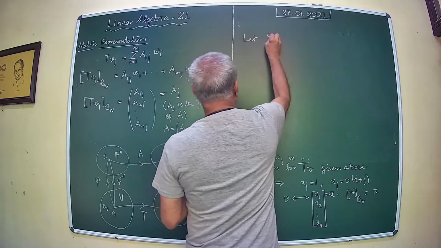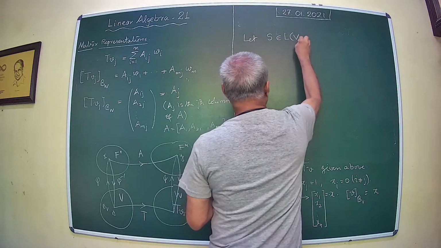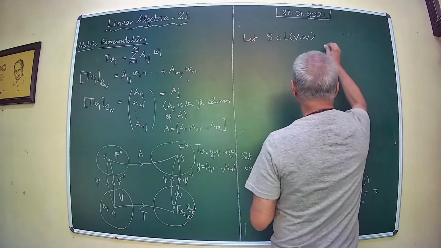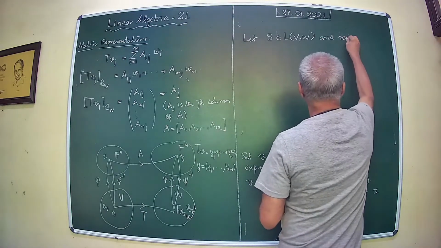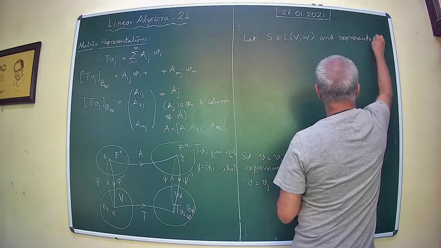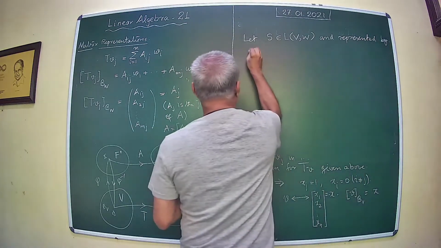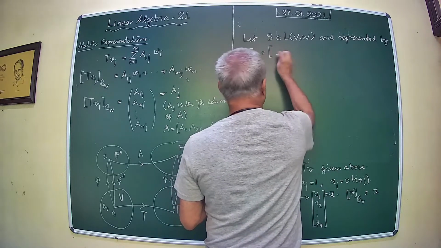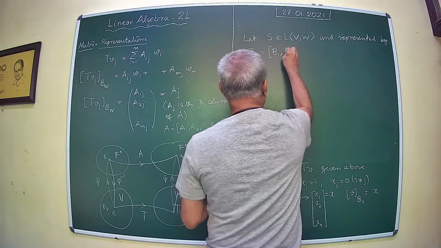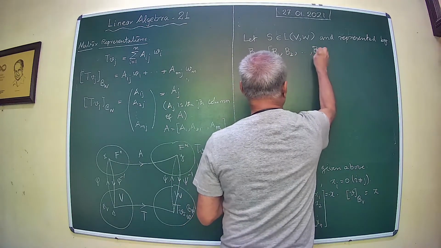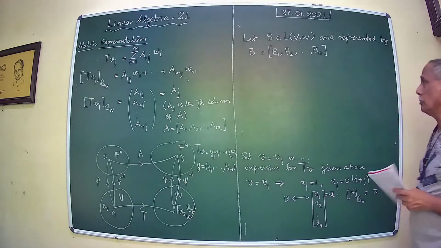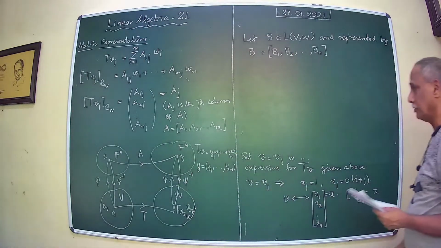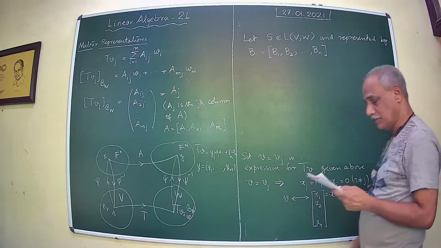Let them be represented by an m by n matrix B, and the columns of B are given by B1, B2, etc. Okay, these are m vectors, I mean, each one is an m vector. Okay, right.